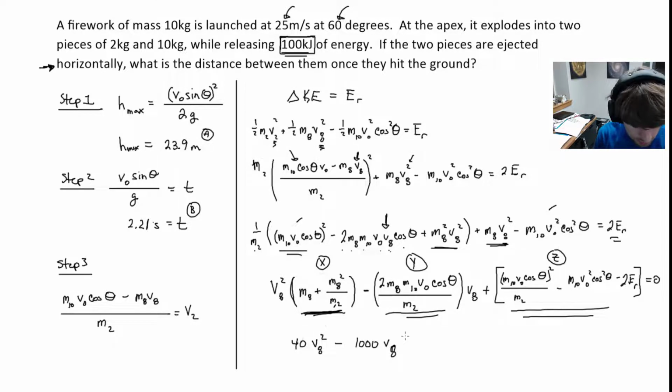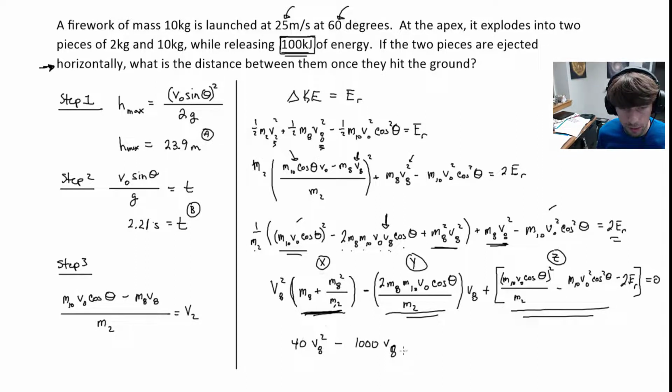Then you subtract 10 times 25 squared times the cosine of 60 squared, minus 2 times 100 times 1,000, kilojoules. So there's 100 kilojoules, that's 100 times 1,000. Wow, cool. So I still end up with a nice round number serendipitously.